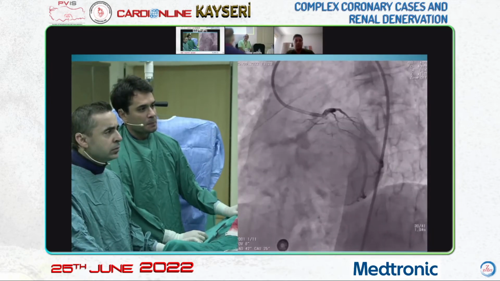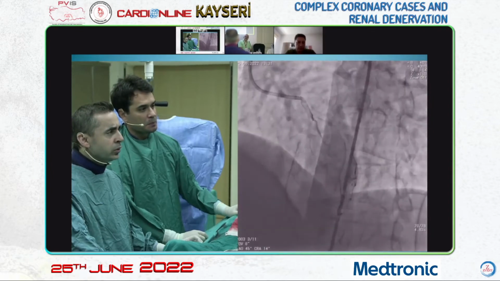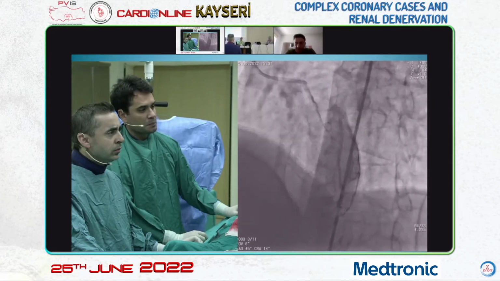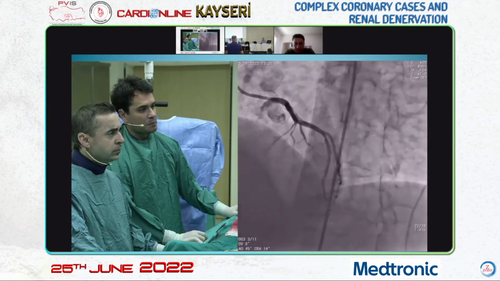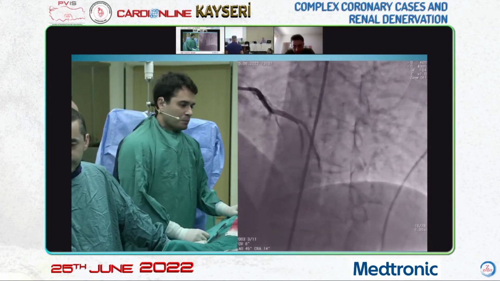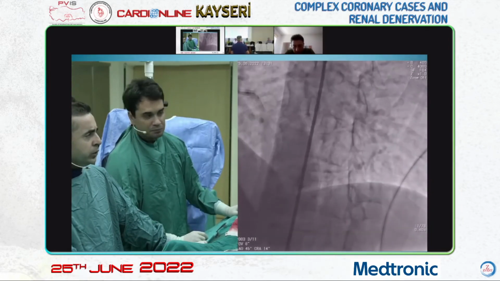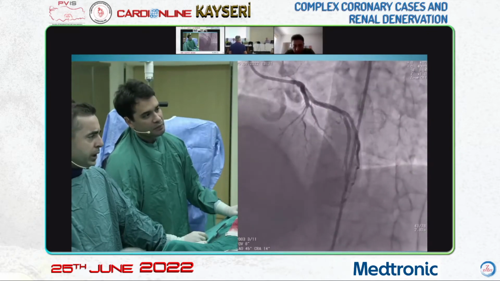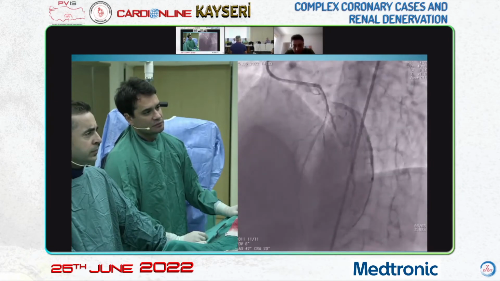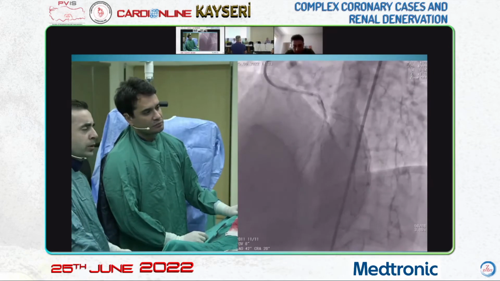When we look at the CTO segments in LAD, we see such results are very bad in segment CTO. After a huge diagonal and septal giving, there is an underperfusion concept. It shows that the tissue is vital, as the perfusion pressure is decreased and the vein gets thinner.